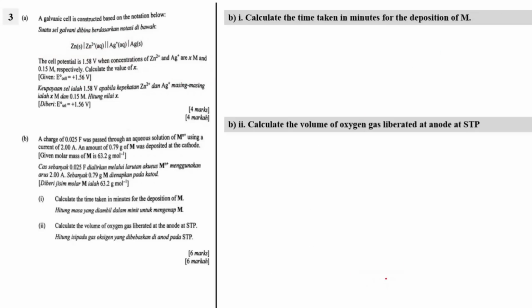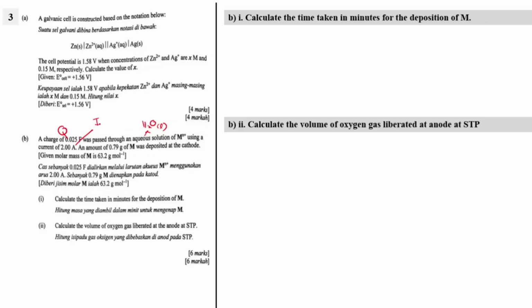Now we're going to look into question 3b. So for question 3b, a charge of 0.025 Faraday, so our charge is Q here, was passed through an aqueous solution of Mn plus. So aqueous solution means that they're going to be water inside the reaction, and then they're going to have Mn plus aqueous ion using a current of 2 ampere.